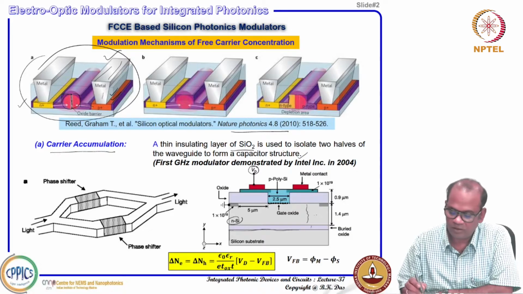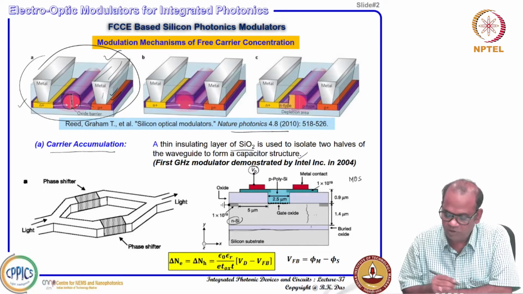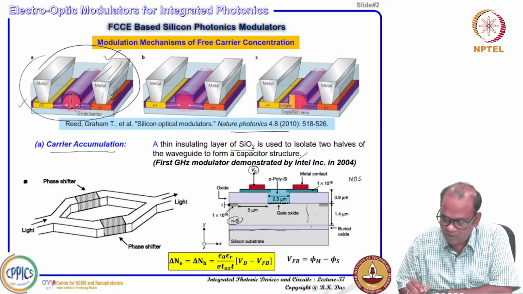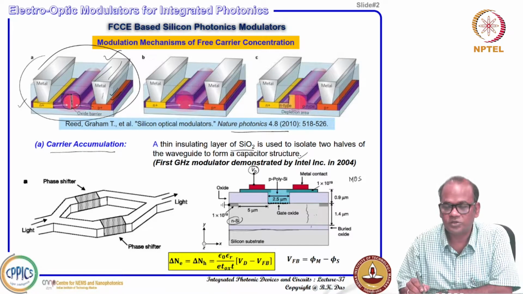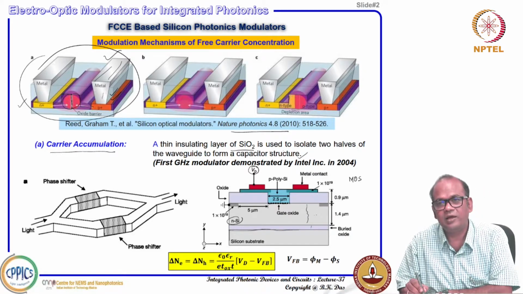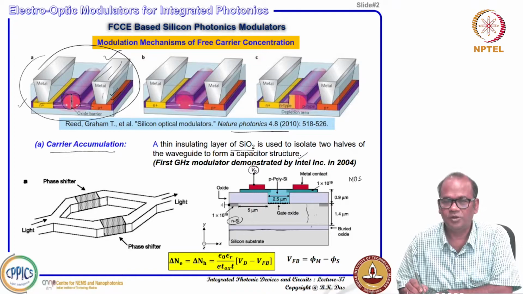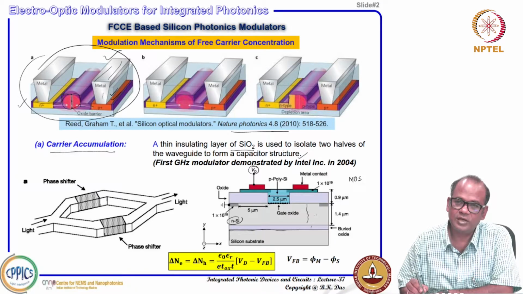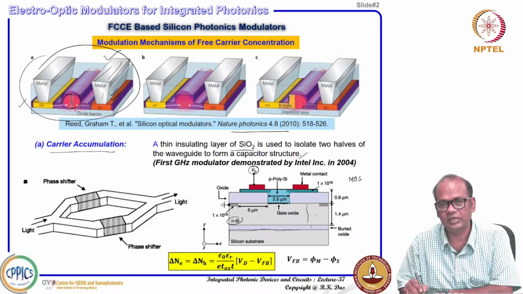Okay, this is similar to a metal oxide semiconductor structure. So if you give a bias, you can accumulate free carriers around this gate oxide on both sides, and if you withdraw the voltage, then the carriers will be removed. As we discussed in the previous lecture, depending on the carrier concentration, the refractive index can be changed, both real part and imaginary part.